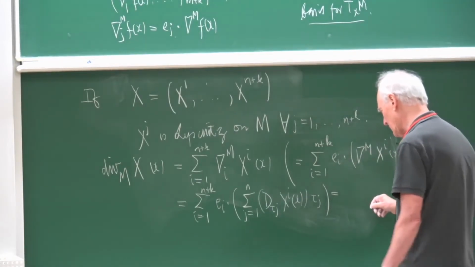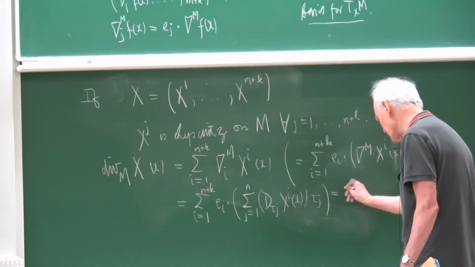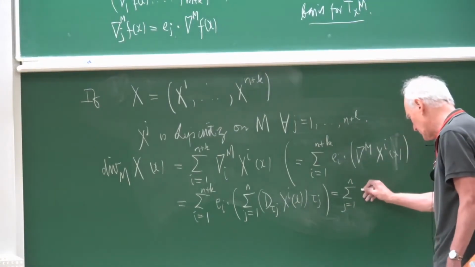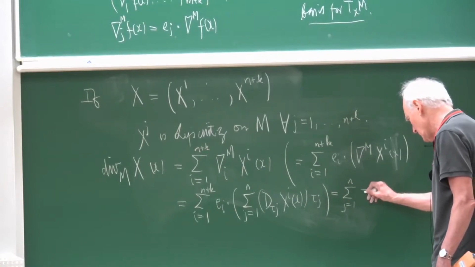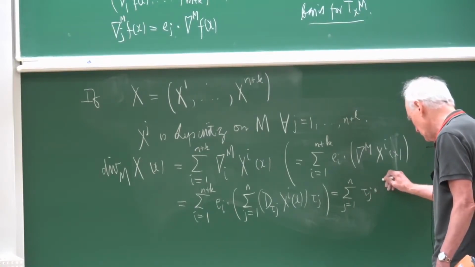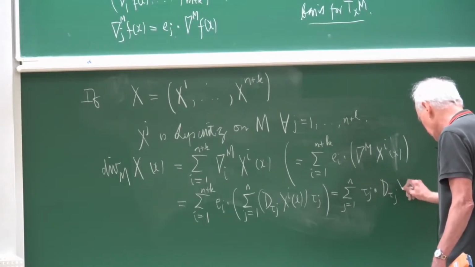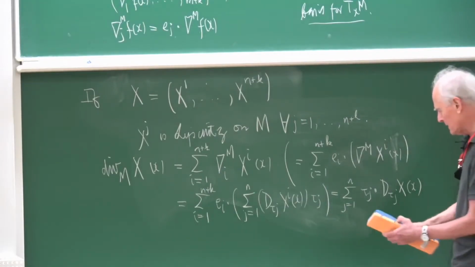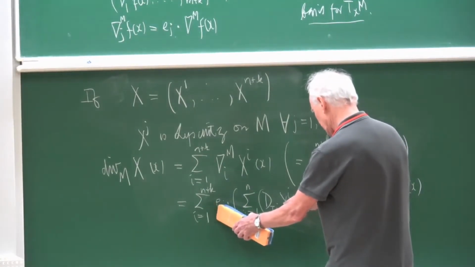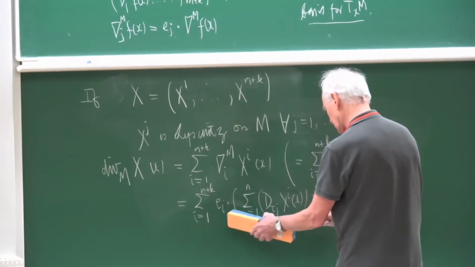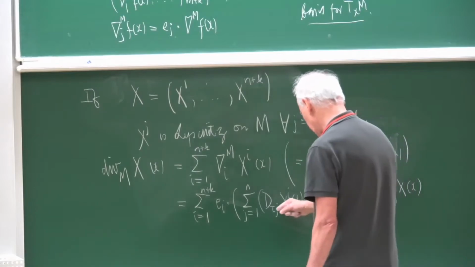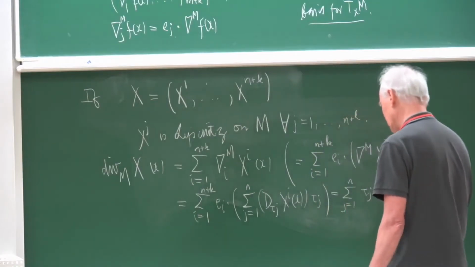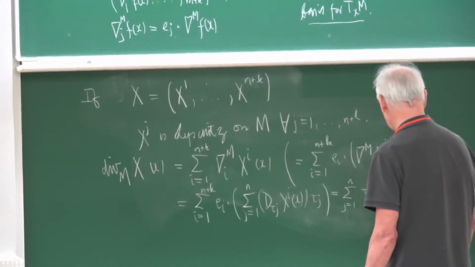Notice that's exactly the same as the sum from j equals 1 up to n of tau_j dotted with d_tau_j of the vector function X, because this e_i times x_i just gives you the vector function X. So this is d_tau_j X. Hold on, did I say that right?